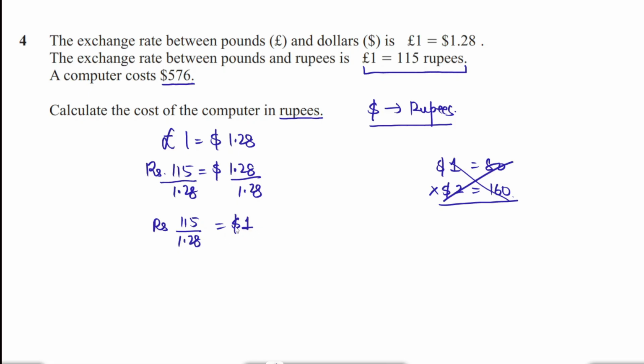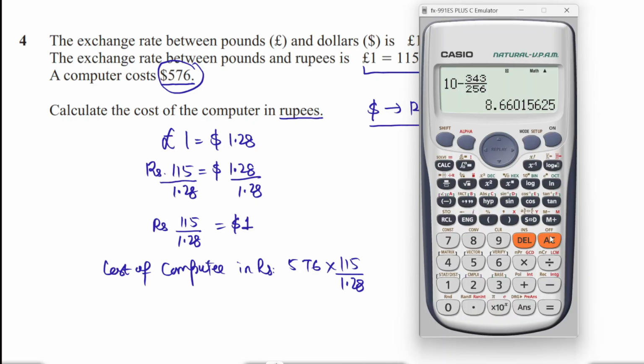Now we have the value of $1, and total dollars we have 576. Therefore, cost of computer in rupees is equal to 576, that is total dollars, and value of $1 in rupees is 115 over 1.28. Let us bring the calculator here.